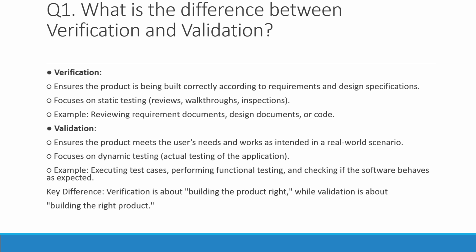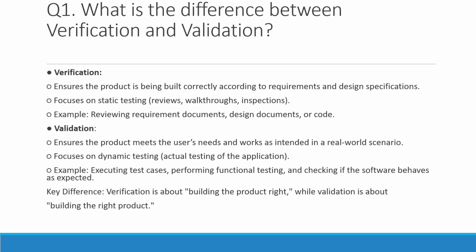Now moving on to validation. Validation checks whether the product meets the user's needs and works as intended in a real-world scenario. This is dynamic testing, where we actually execute the application and test its behavior. Examples include executing test cases, performing functional testing, and verifying if the software behaves as expected.